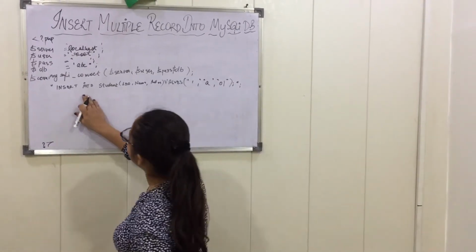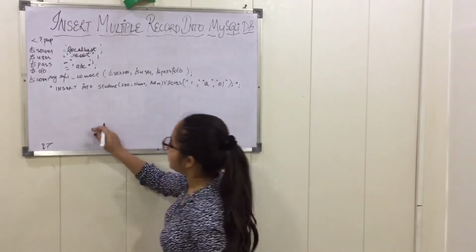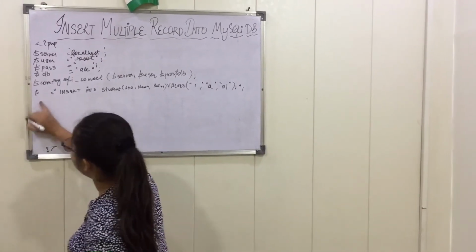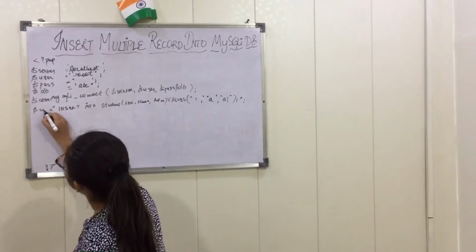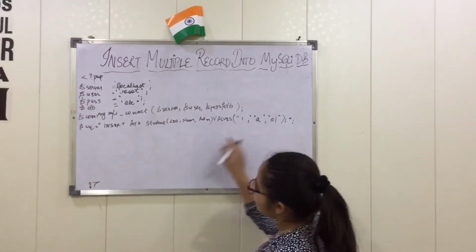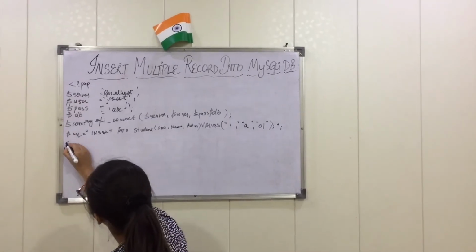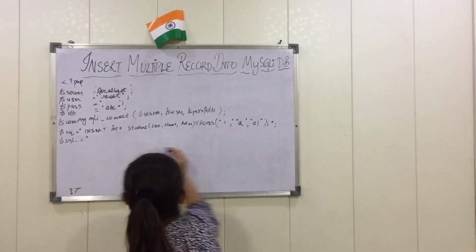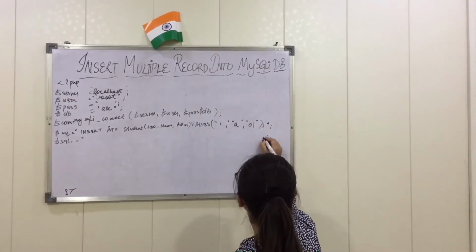After that we need multiple records, so we'll go to the next one. First of all we'll write these into a variable. Suppose the variable name is $sql. After that I use this second line, copy and paste here, that is $sql and then concatenate, so the same will be printed.